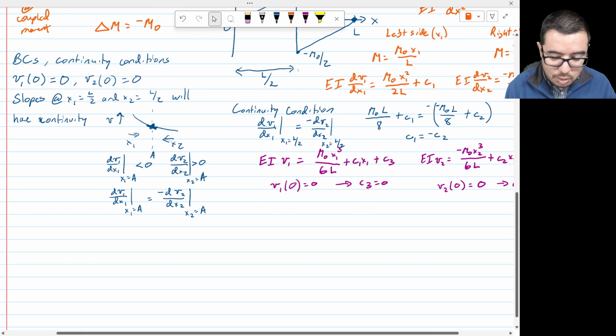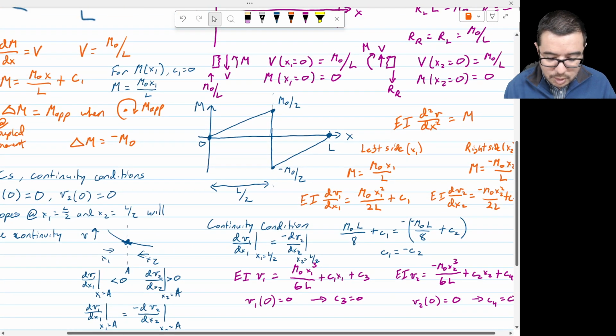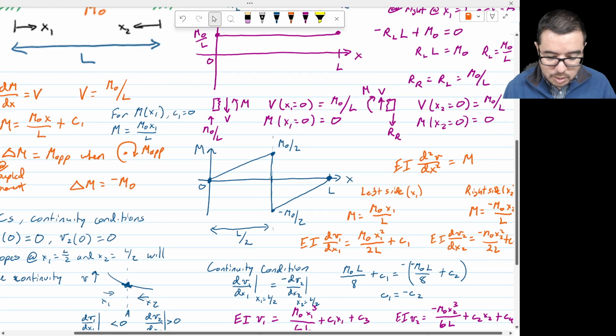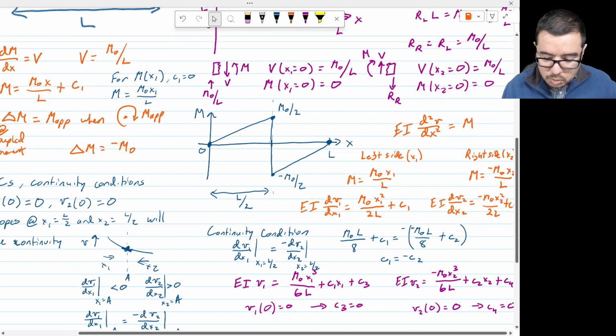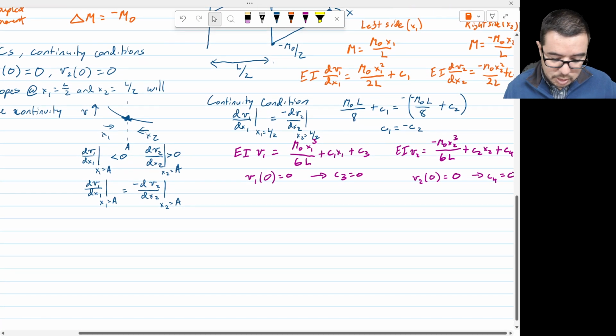Just like the slope at x equals L over 2, if we come back and think about what's happening here, the slope at x1 equal L over 2 and x2 equal L over 2 for the v1 and the v2, we said it's equal but opposite. That's true, but we can also say the displacement there has to be the same as well.